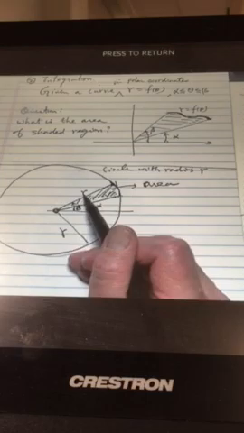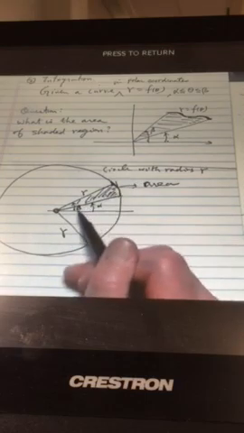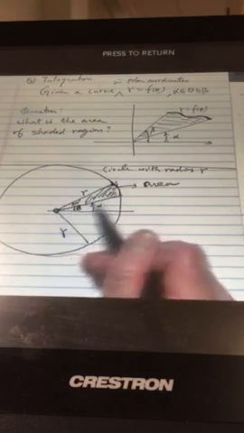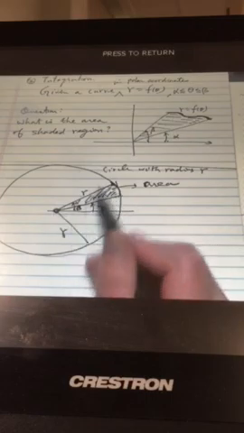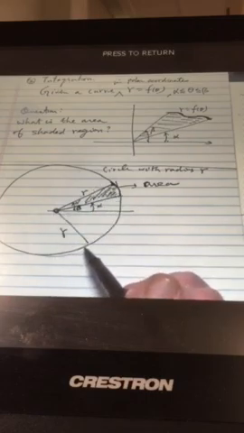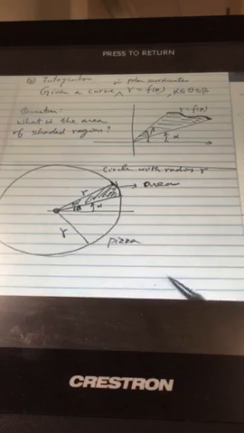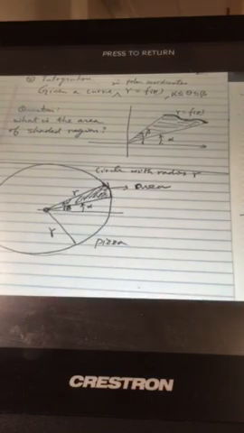If I know the radius or the diameter of the pizza, and if I know this angle, I can determine the area of that piece of pizza. Think of this as a pizza. So how do I determine the area like this?